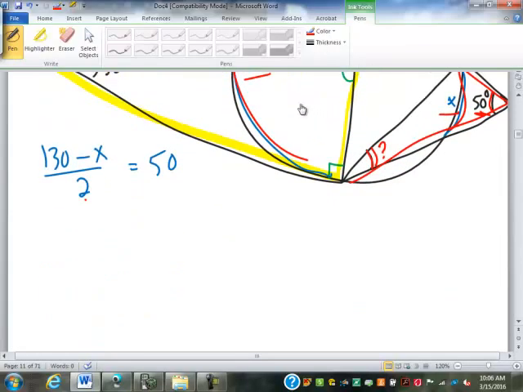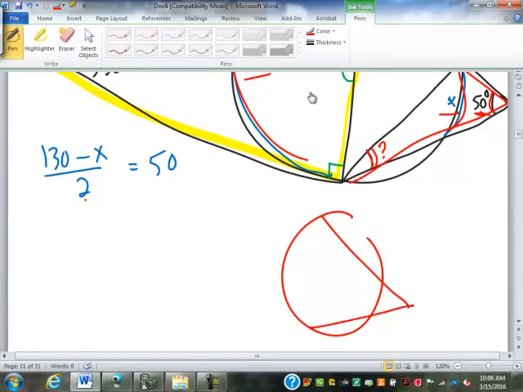Because if all I had was this, this is 130 degrees. That's x, and this is 50 degrees. The 50 degrees is found by taking this arc minus that arc divided by 2. 130 minus x divided by 2 gives us the 50.